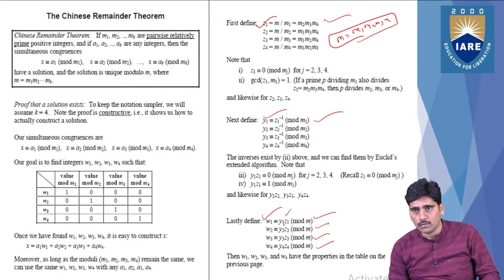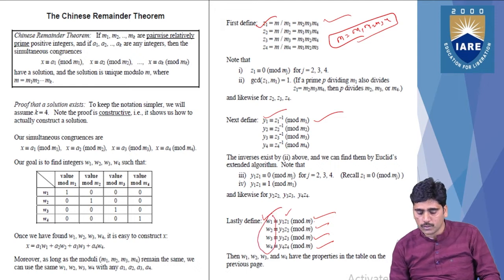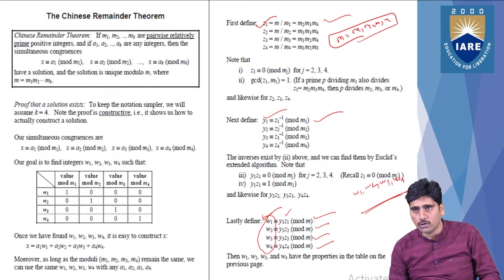So W1 equals Y1 Z1 mod M. Similarly, W2 equals Y2 Z2 mod M, W3 equals Y3 Z3 mod M, and W4 equals Y4 Z4 mod M. So finally we got all the W1, W2, W3, W4 values.